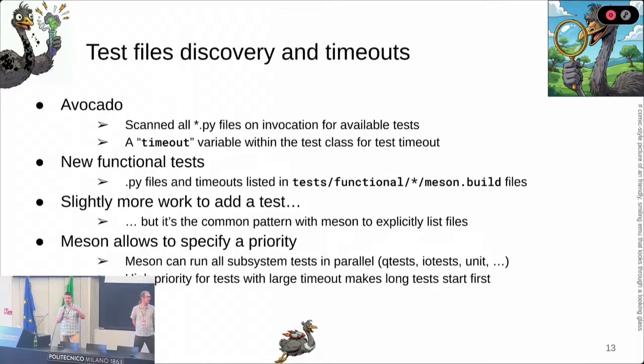The tests that likely run for the longest time, since they have a very high timeout value, can now be scheduled to run first. So they hopefully finish in time together with the short tests that are started later, since they have a shorter timeout value. It's especially useful if you have a lot of CPUs in your host system and you run everything in parallel.